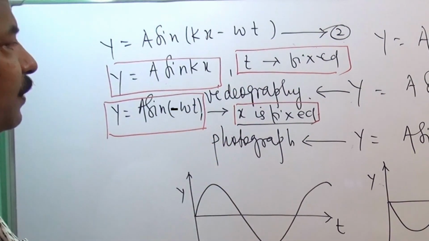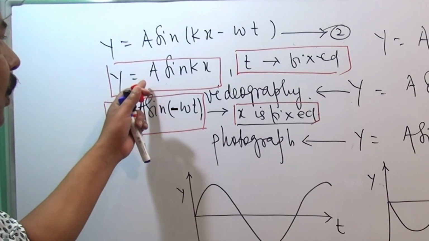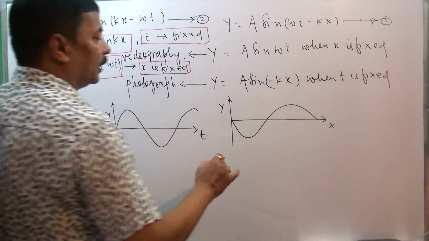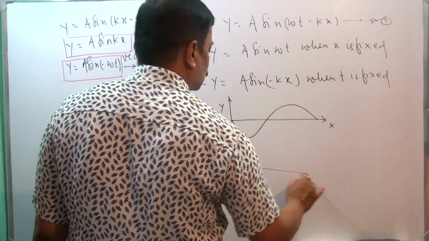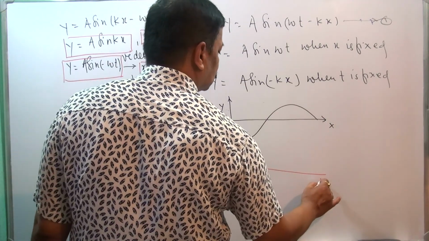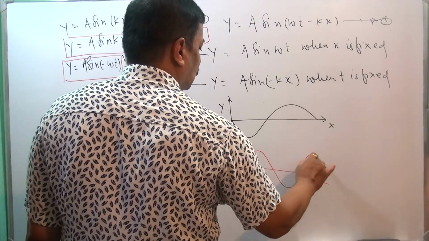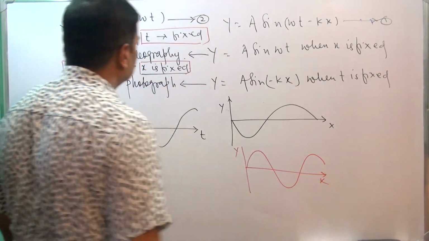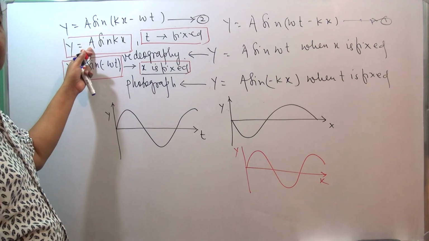Now which type of graph is possible? If I take the yx curve for this relation, it is a simple sine curve.